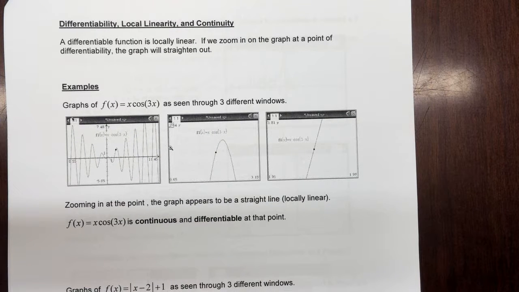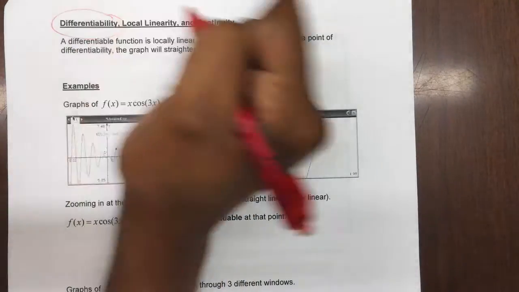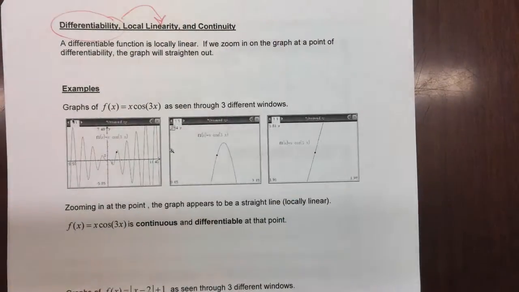Being able to find a derivative and having a differentiable function means that if we zoom into a function at a particular point, we should be able to see a straight line. We should be able to take the slope of that line. So differentiability leads to local linearity.